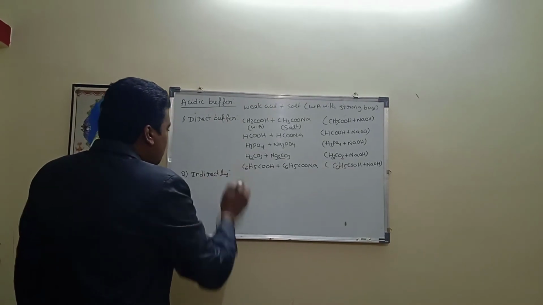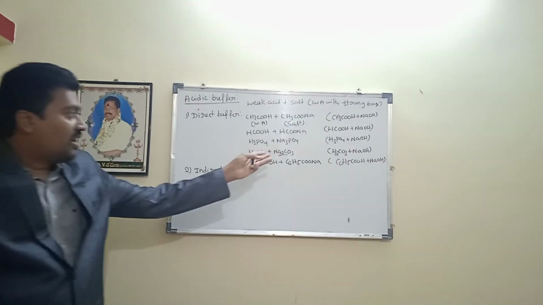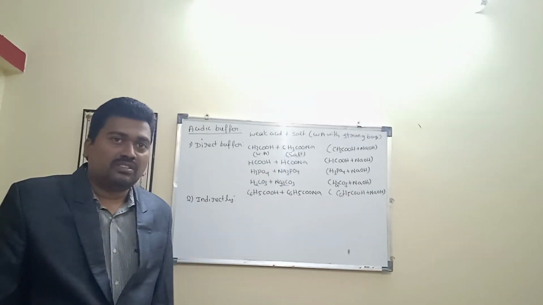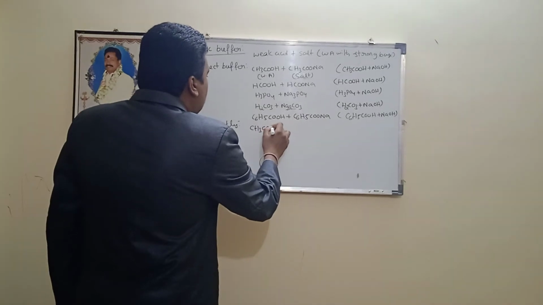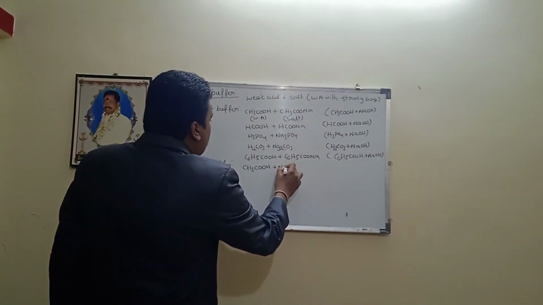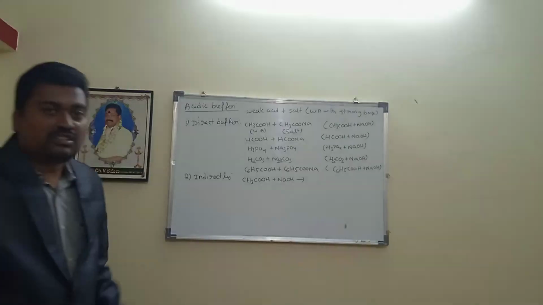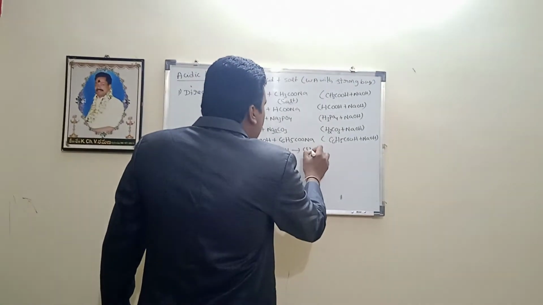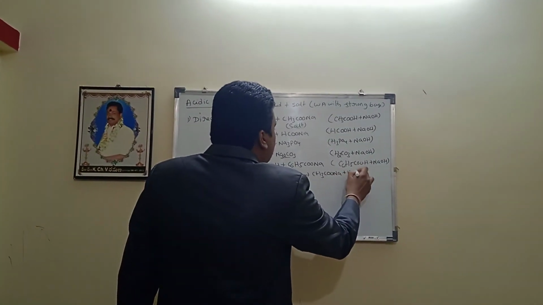Sometimes the combination of two substances also gives the buffer solution. Let us see. I am taking CH3COOH and NaOH. You know, CH3COOH and NaOH produce CH3COONa plus H2O.